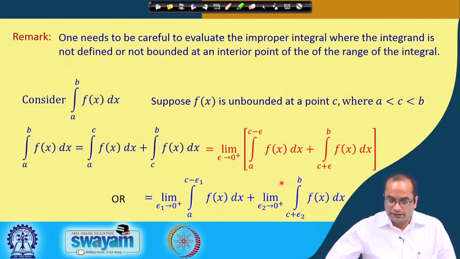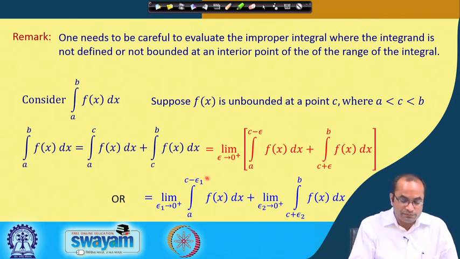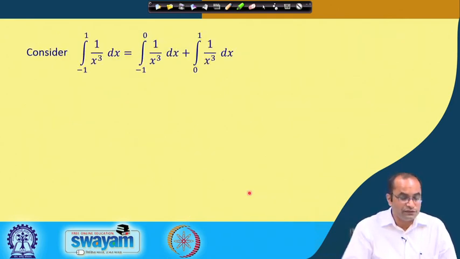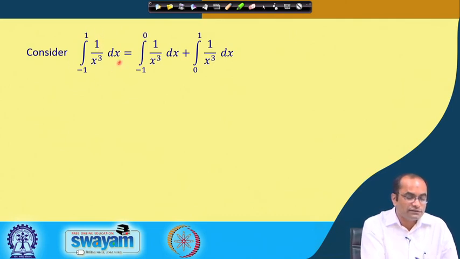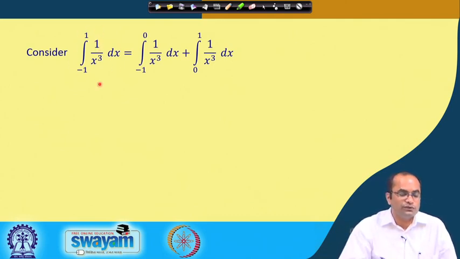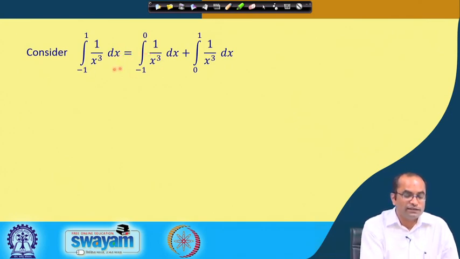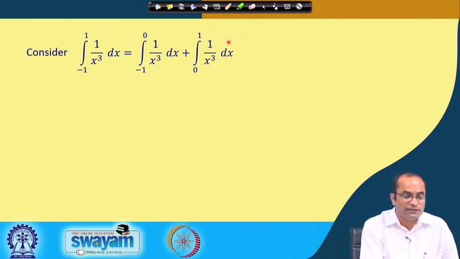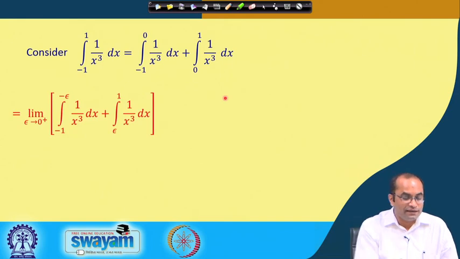But in other cases we have a problem, because this might be a divergent integral, and this might be a divergent integral, and in that case the value will differ. So, for instance, we consider the simple problem here, the integral from -1 to 1 of 1 over x cube dx, and this is equal to the integral from -1 to 0 of 1 over x cube dx plus the integral from 0 to 1 of 1 over x cube dx.